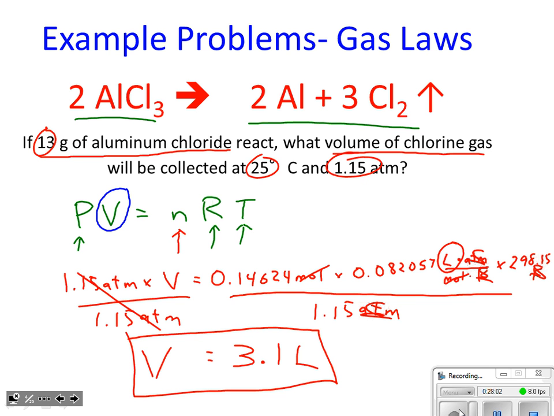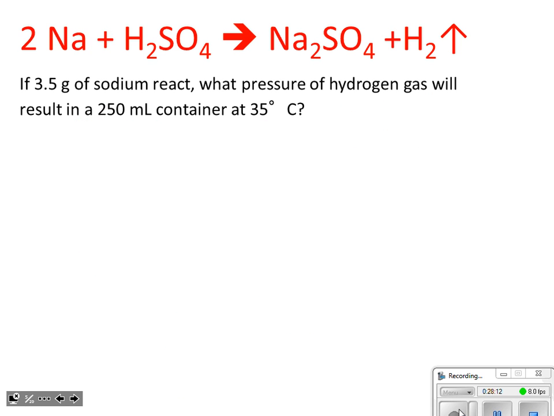Now, we've got about 10 minutes left. So let's look at one more of these, and then we'll save the rest for later. So go ahead and write this example out, and we will calculate it here in 1 second.